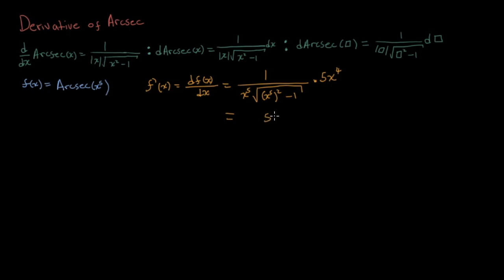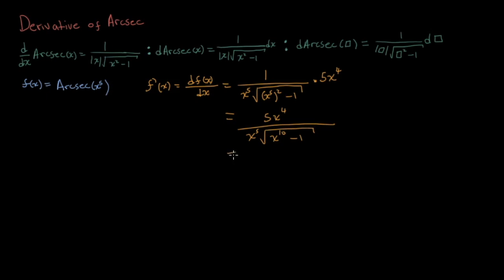We can then simplify this expression. We'll put 5x to the power of 4 in the numerator over x to the power of 5 times the square root of, now x to the power of 5 squared, we just multiply the exponents, so x to the power of 10 minus 1.